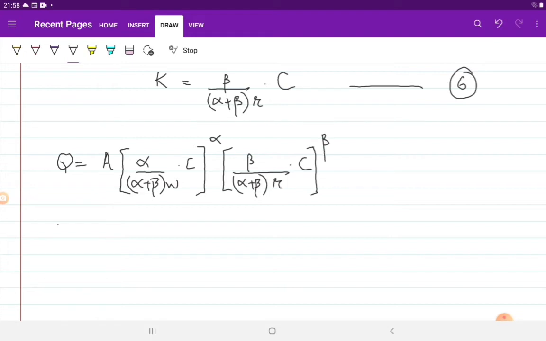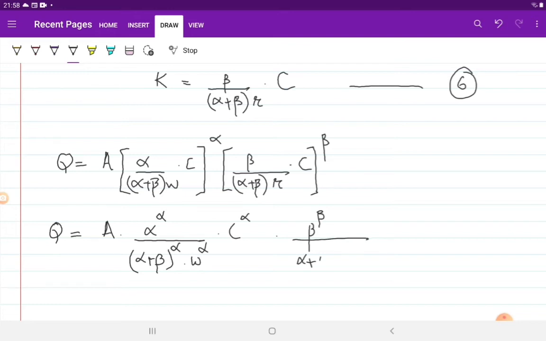Now using the rules of exponents, I shall open up the brackets so that I get A times alpha to the power alpha divided by, into beta to the power beta divided by alpha plus beta to the power beta, R to the power beta and C to the power beta.